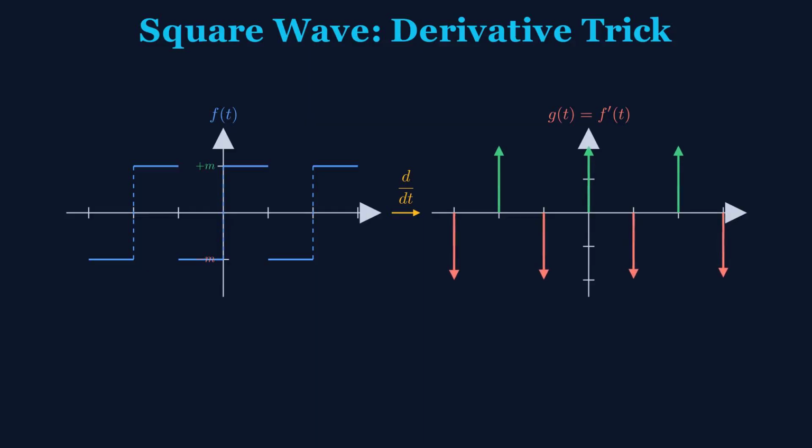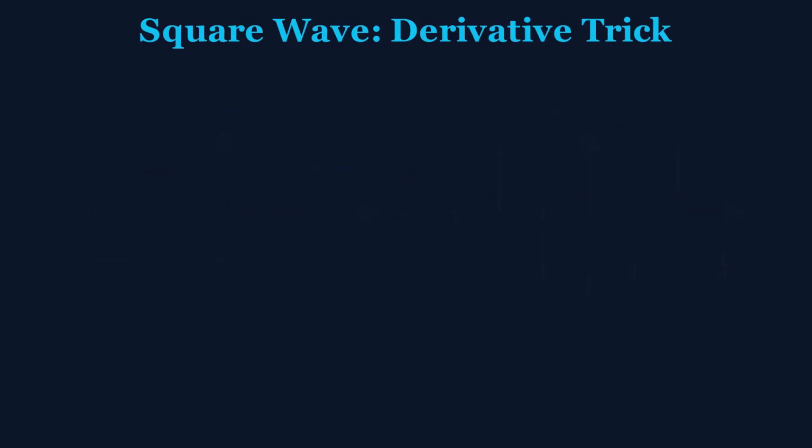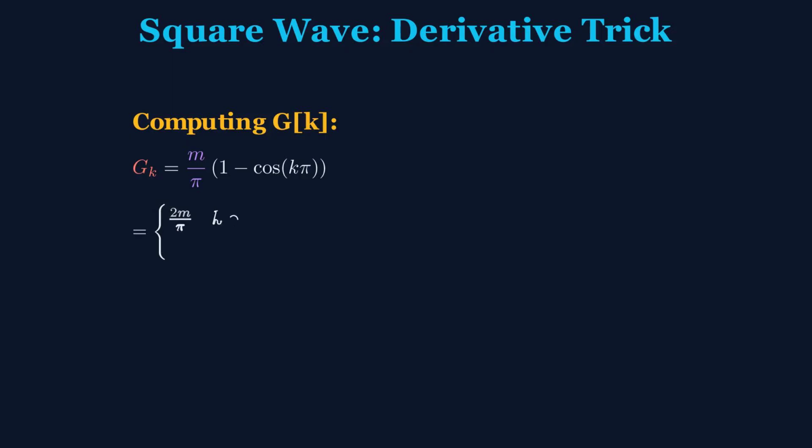The derivative g of t equals f prime of t produces impulse pairs at each discontinuity. Positive 2M times delta at t equals 0 and negative 2M times delta at t equals plus or minus pi. Using our impulse result, g sub k equals M over pi times the quantity 1 minus cosine of k pi.